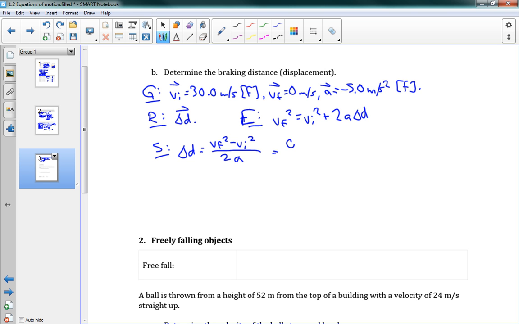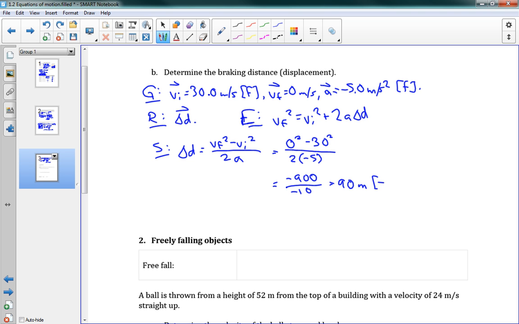And now I can fill in some values. 0 squared minus 30 squared over 2 times negative 5. So this gives us negative 900 over negative 10, which is going to be equal to 90 meters.